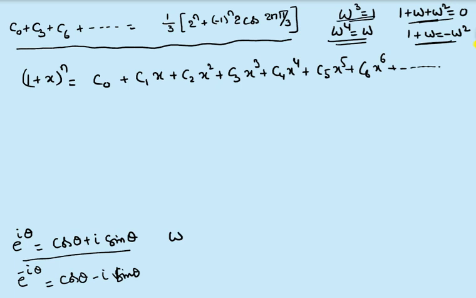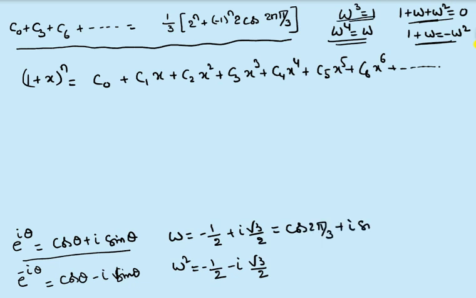At the same time, omega is equal to minus 1 by 2 plus i into root 3 by 2, whereas omega square is equal to minus 1 by 2 minus i into root 3 by 2. That's why we can write this one as cos 2 pi by 3. Note down these points. Plus i sin 2 pi by 3.